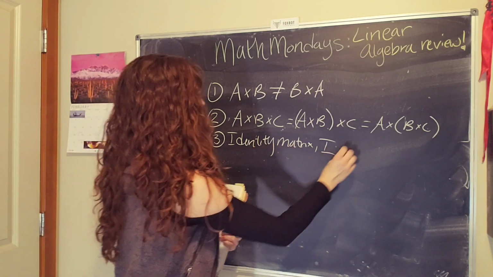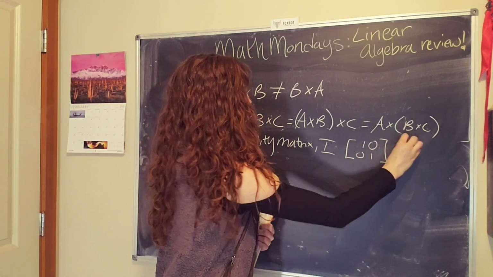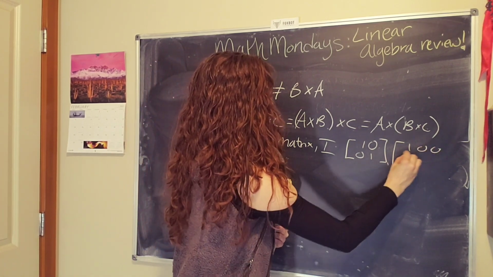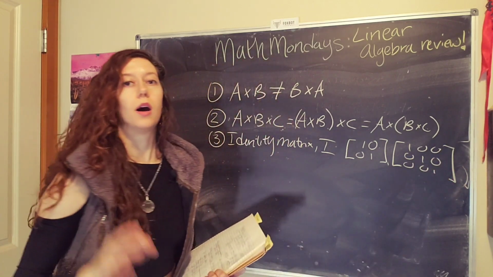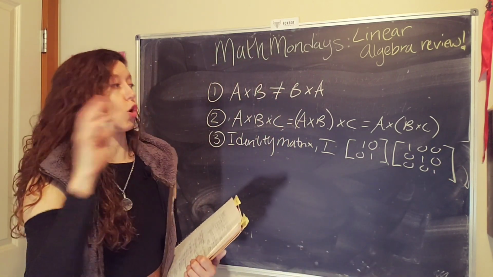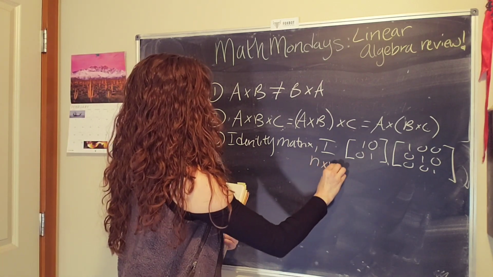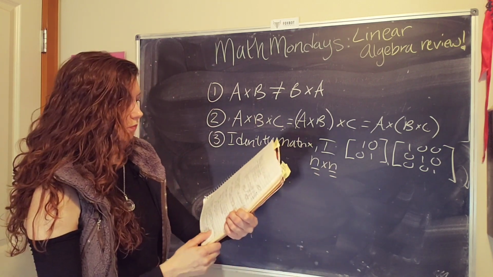So for example, you might have a 2 by 2 identity matrix that looks like this, a 3 by 3 identity matrix that looks like this, and so on. The identity matrix is always square, meaning it always has n rows with n columns. The number of rows must equal the number of columns.